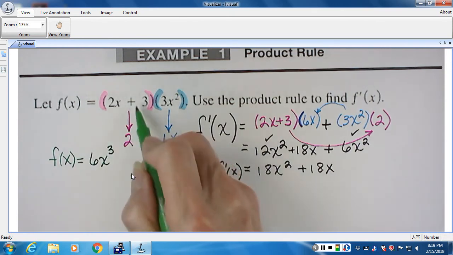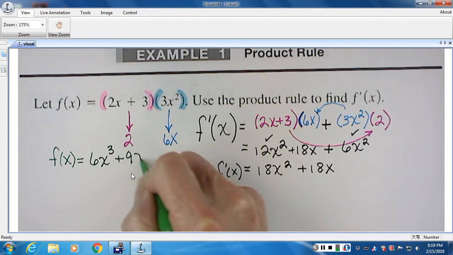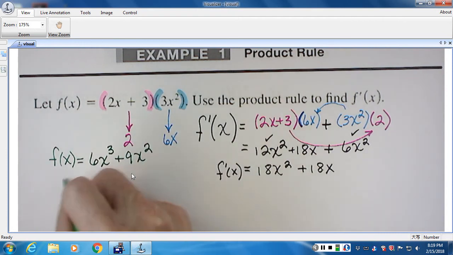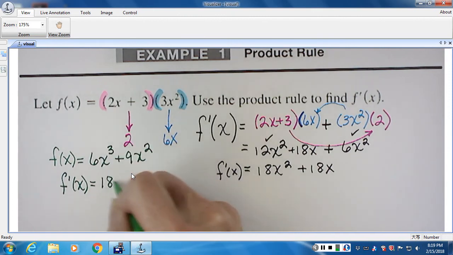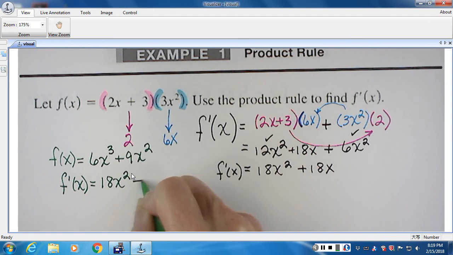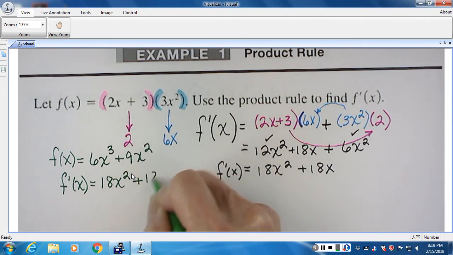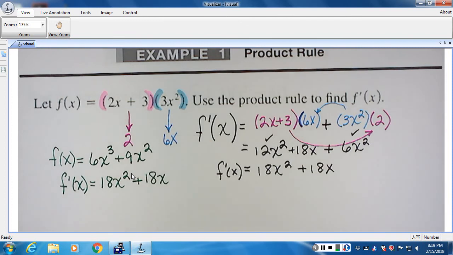And if I take 3 times 3x squared, I get 9x to the second power. And if I take the derivative, f prime of x, I get 3 times 6 is 18, x to the 3 minus 1 is 2 power, plus 2 times 9 is 18, times x, because 2 minus 1 is 1.